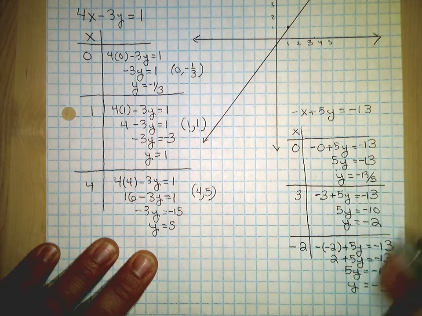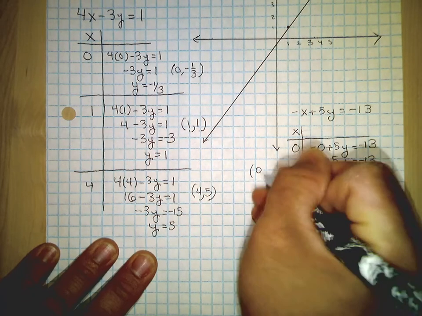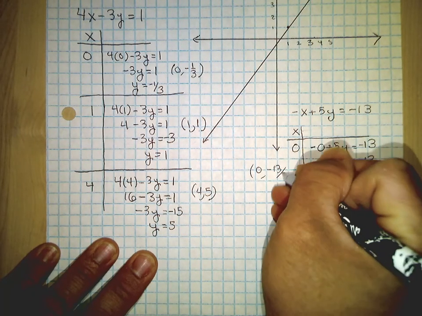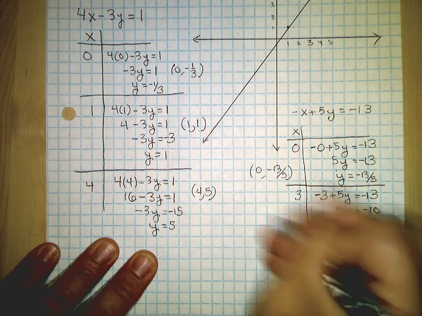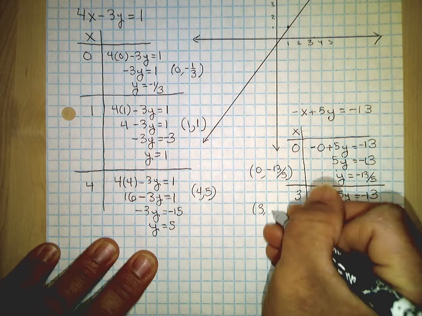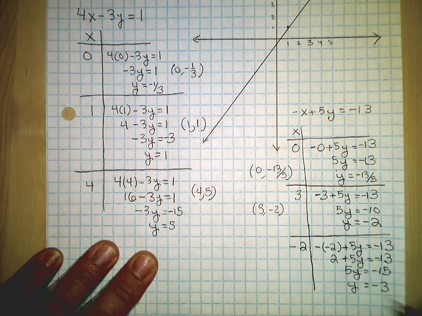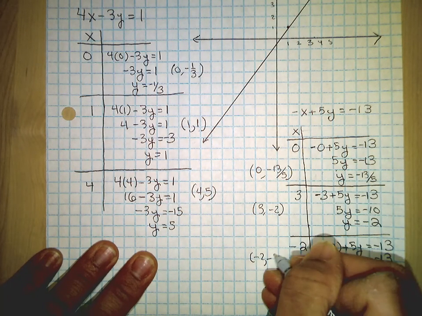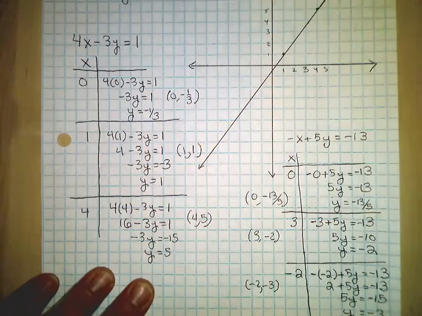So our points that I have here are 0, negative 13 over 5, and 3, negative 2, and negative 2, negative 3.